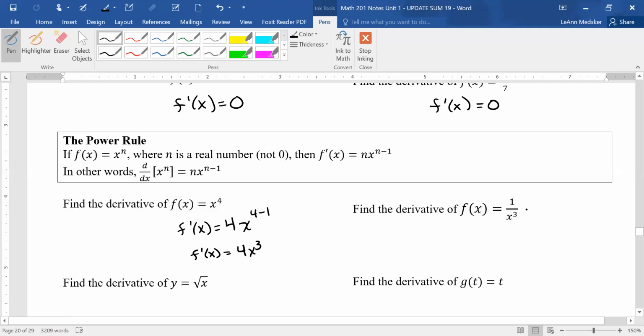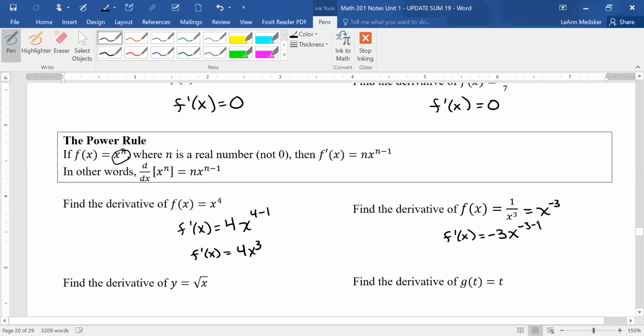This one's a little trickier. You want to rewrite this first, remembering what an exponent means when it's in the denominator. It can be pulled back up to the top and written as a -3. That's an algebra review. You want to write it this way so you can use the rule, since it needs to look like this. So pull the power to the front: f prime of x is -3 x to the -3 minus 1.